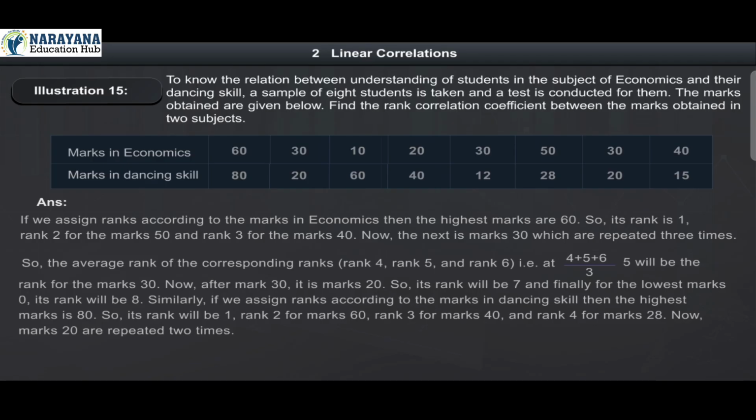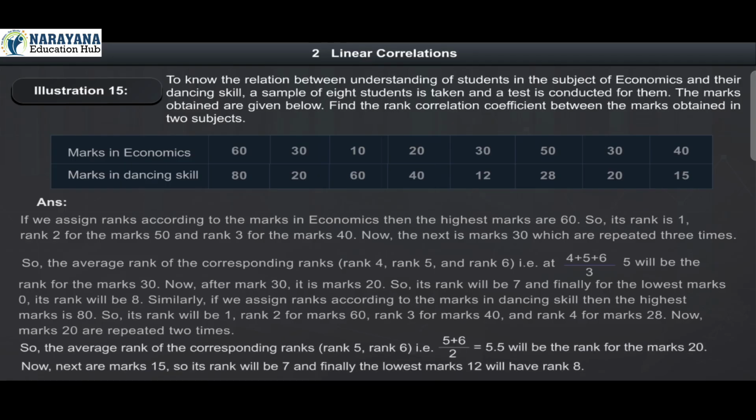Similarly, if we assign ranks according to the marks in dancing skill, then the highest marks is 80. So, its rank will be 1, rank 2 for marks 60, rank 3 for marks 40 and rank 4 for marks 28. Now marks 20 are repeated 2 times.